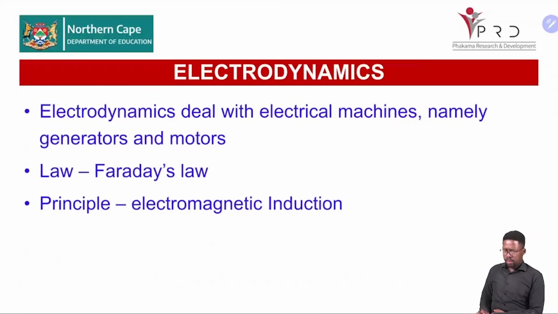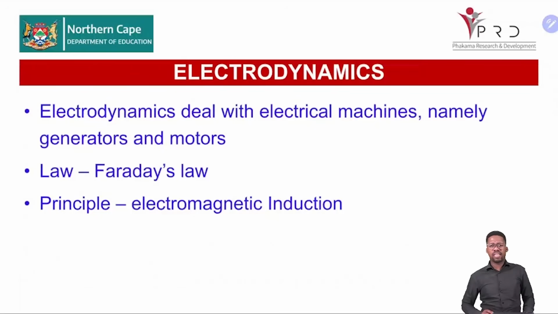So when we talk about electrodynamics, I have alluded to you that it deals with machines. This topic is about machines, and for grade 12, we are limited to 2 machines, a generator and a motor.